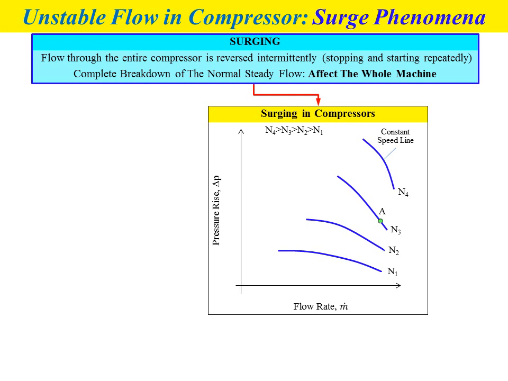So if we look at the constant speed line, if we reduce the flow rate m dot value, the pressure rise will increase as shown in the graph.